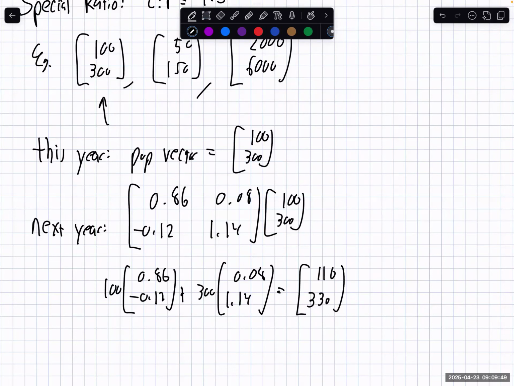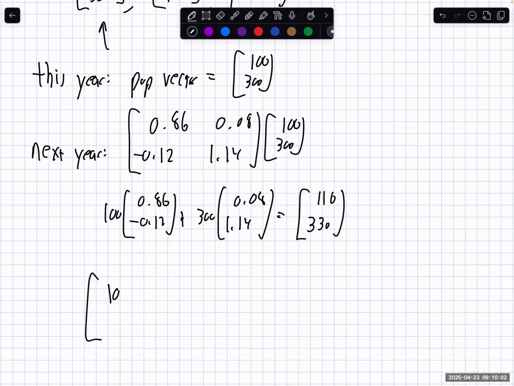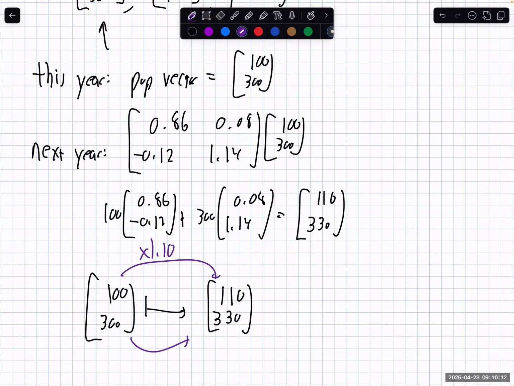And it turns out I'll spare you having to do the arithmetic yourself. It's 110 and 330. So what I want you to notice here is that both populations increased by 10%.